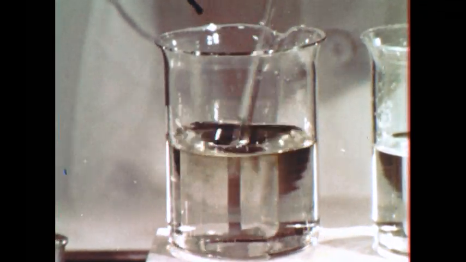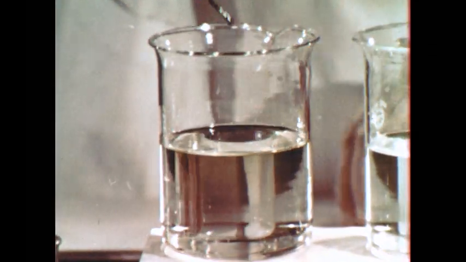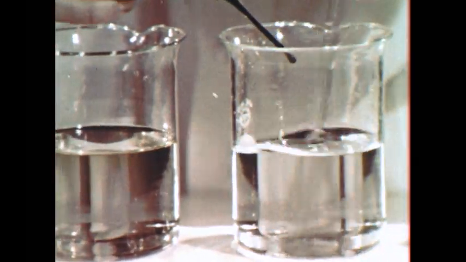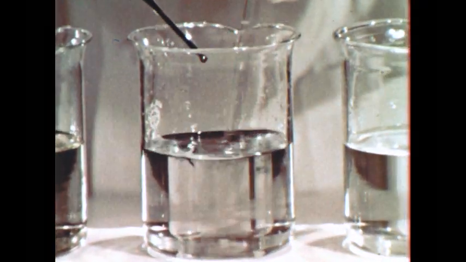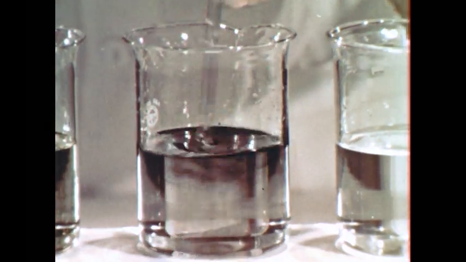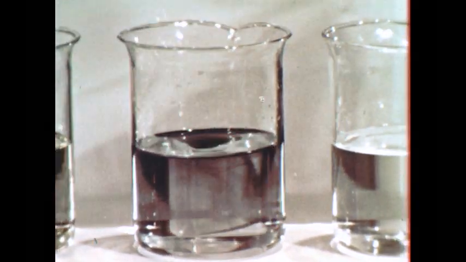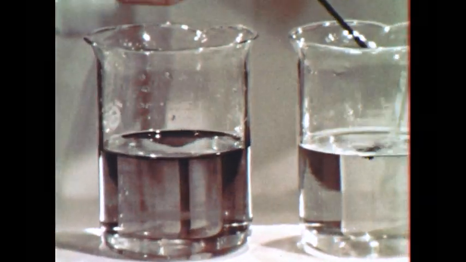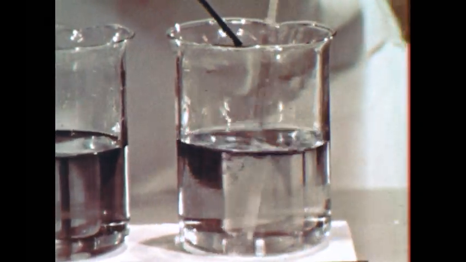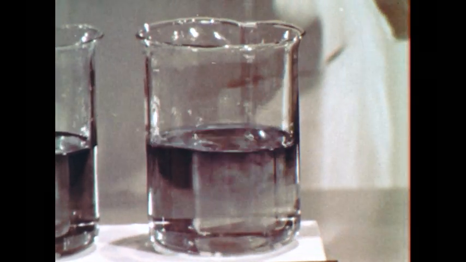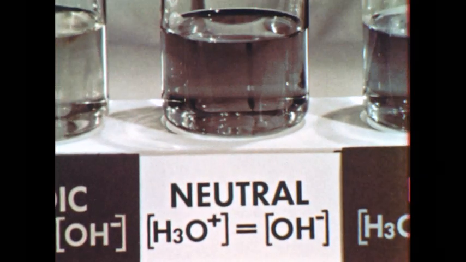Thus, all acid-base indicators are substances which can donate and accept protons, with resulting color changes. We have accounted for the yellow and blue colors, but what about the color found in the neutral water?